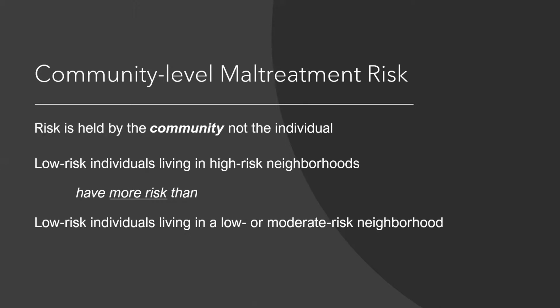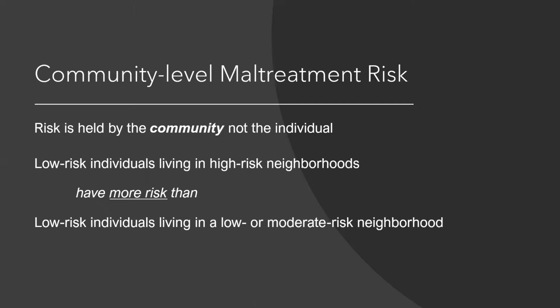So there's that one caveat, that we shouldn't confuse what we're looking at the level of the community with what we know is a risk at the level of the individual. But also the understanding that even low-risk individuals are going to be impacted by these risks that we see in the community.